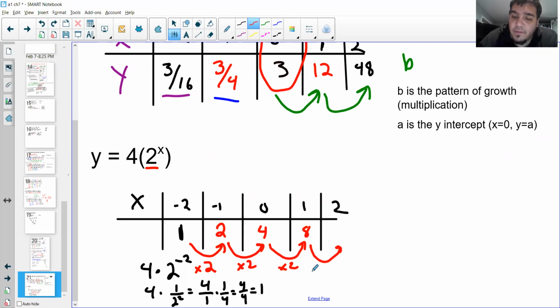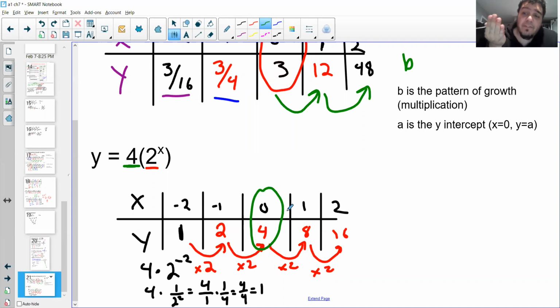And the next one times 2 is 16. So our y values follow the pattern of B. And to check our work, we can see that this matches our y-intercept. At 0, it should be 4, and it is 4. So that indicates that we're doing something correct.